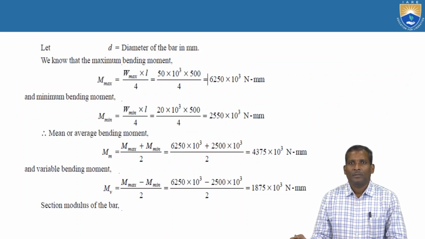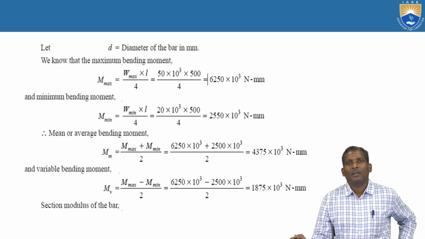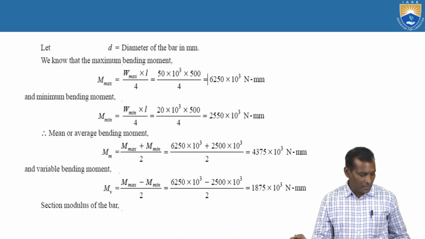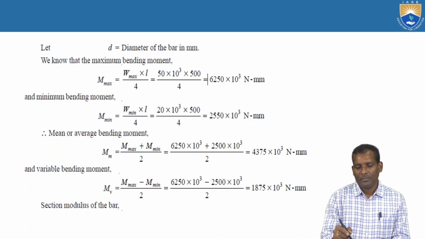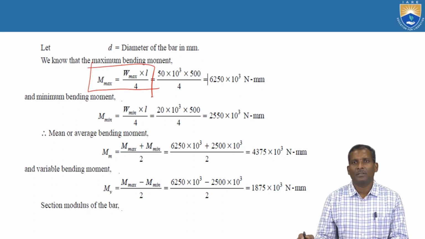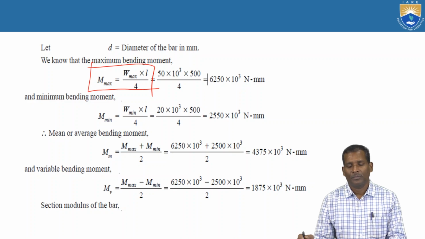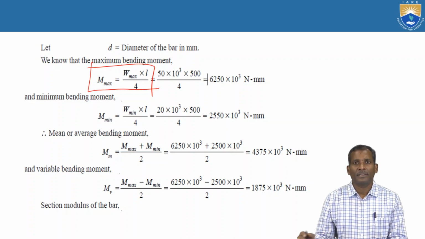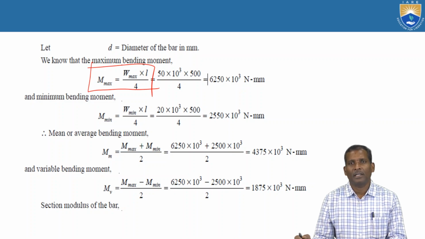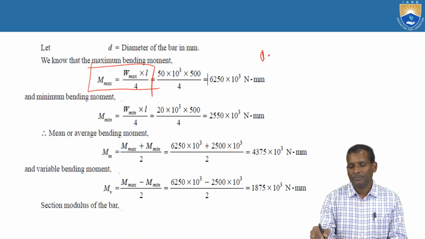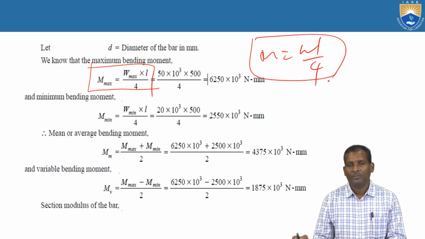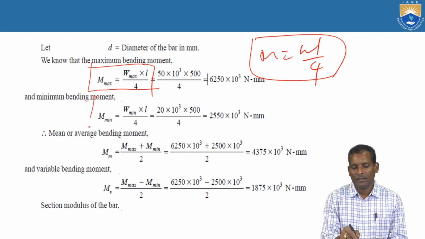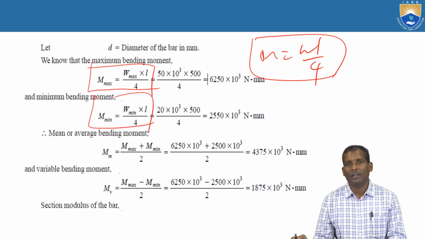So now let d be the diameter of the bar in mm, and you know that the maximum bending moment value is W max into L by 4, considered as a simply supported beam. Substitute the maximum value, and similarly calculate the minimum bending moment, and then calculate the mean or average bending moment.